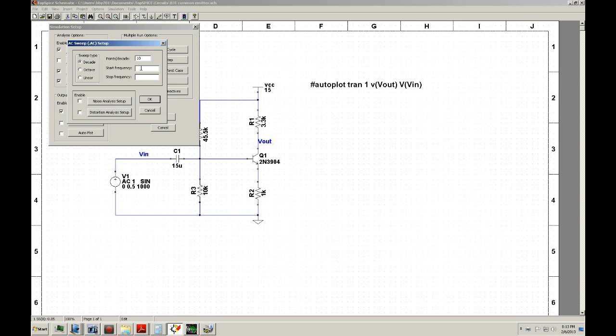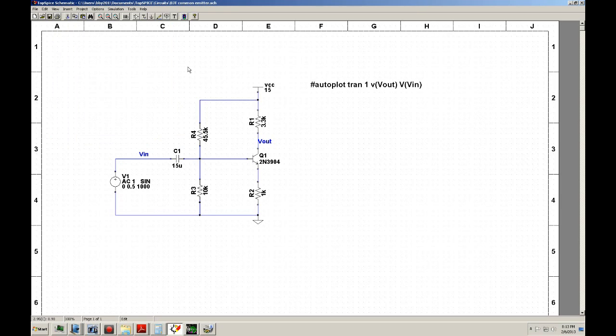Number 3. Oh, it says set up an AC sweep from 10 hertz to 10 kilohertz. Okay, so 10 hertz and then 10 kilohertz, with 100 points per decade.